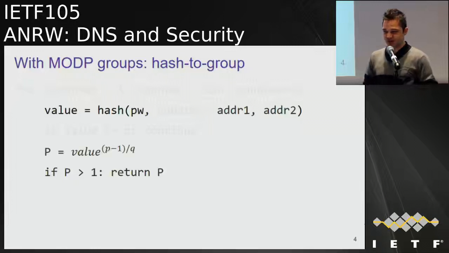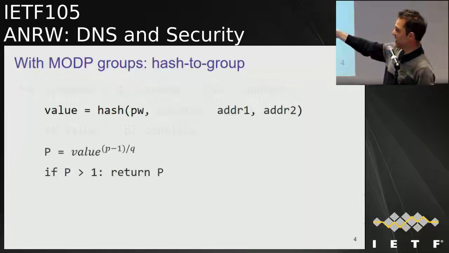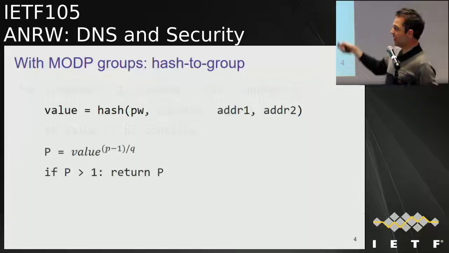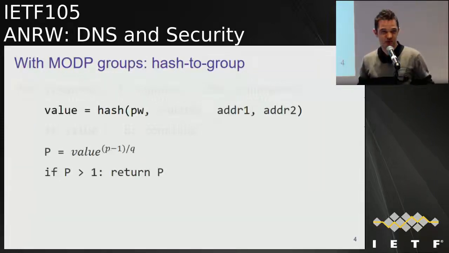So an intuitive and a little bit naive way to convert the password into a group element is to simply take the hash of the password. In the case of Wi-Fi, we also combine it with the MAC addresses of the client and the server. So in other words, we include the identities of the peers. We then take the output of that hash value.